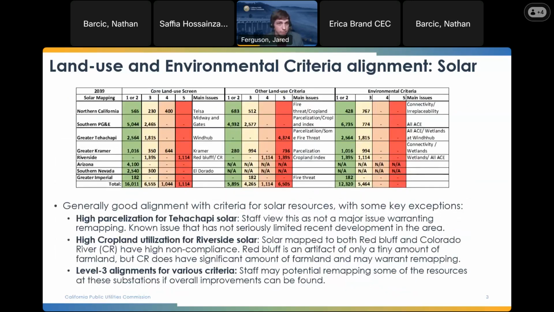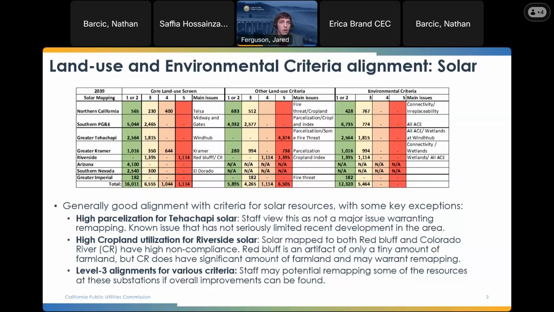And here we're going to talk about those sort of implications. The first one I want to bring up is the high parcelization for the Tehachapi solar. So we generally feel like this is a known feature of the Tehachapi area. It is highly parcelized, particularly compared to the desert areas or even the Central Valley areas.